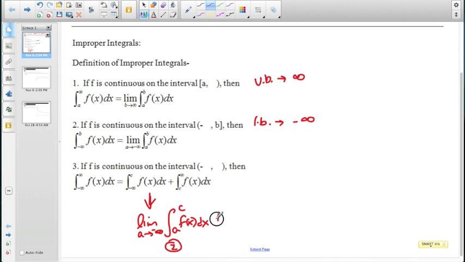And then we would add to that the limit as b goes to positive infinity of the integral from c to b of f of x dx. So that would be that expression, and that would be number 1 from above.